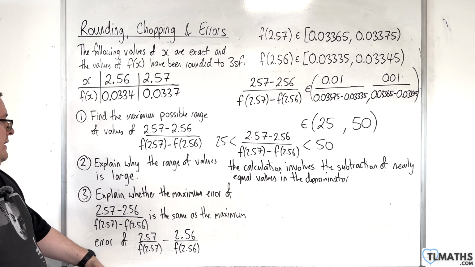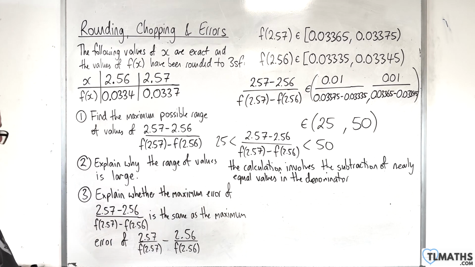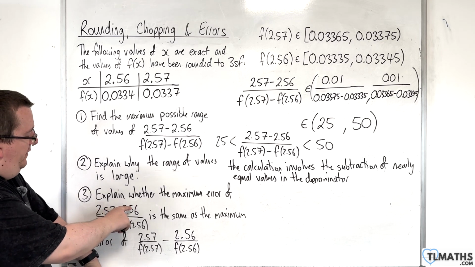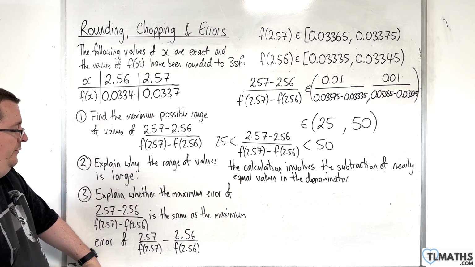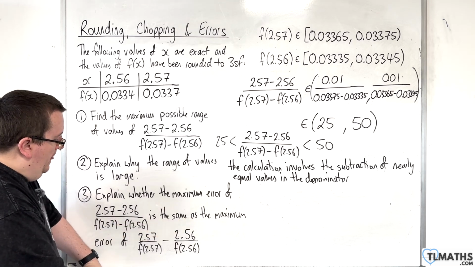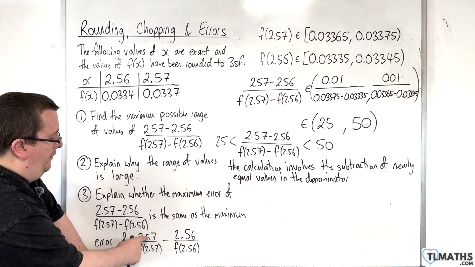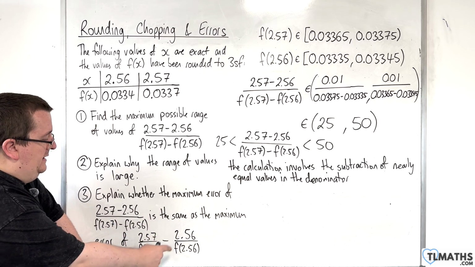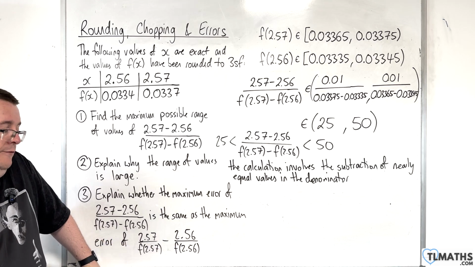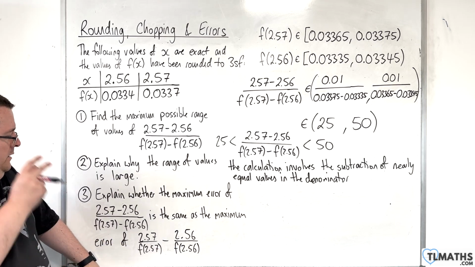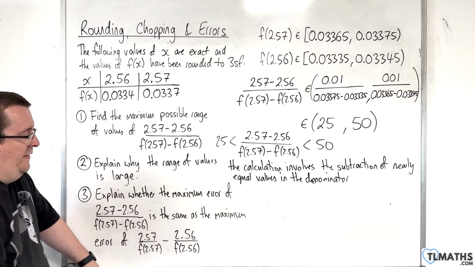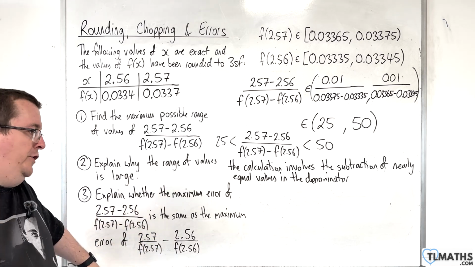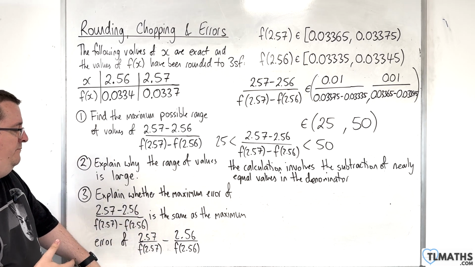Number 3, explain whether the maximum error of (2.57 − 2.56) over (f(2.57) − f(2.56)) is the same as the maximum error of 2.57 over f(2.57) take away 2.56 over f(2.56). So these look similar, don't they? And they both involve subtraction and division, but they're not the same.